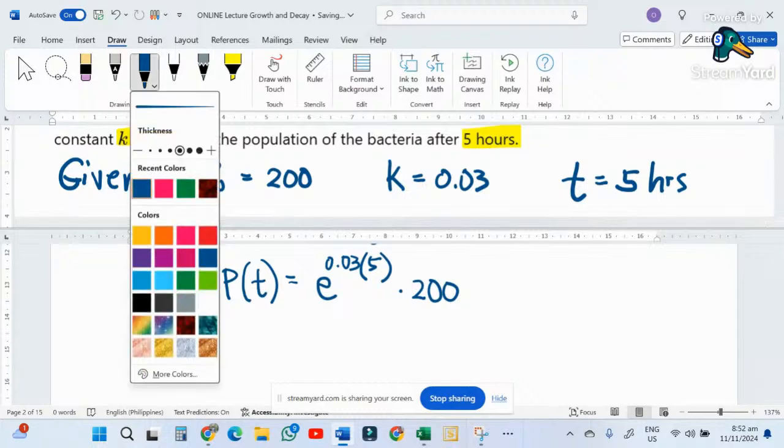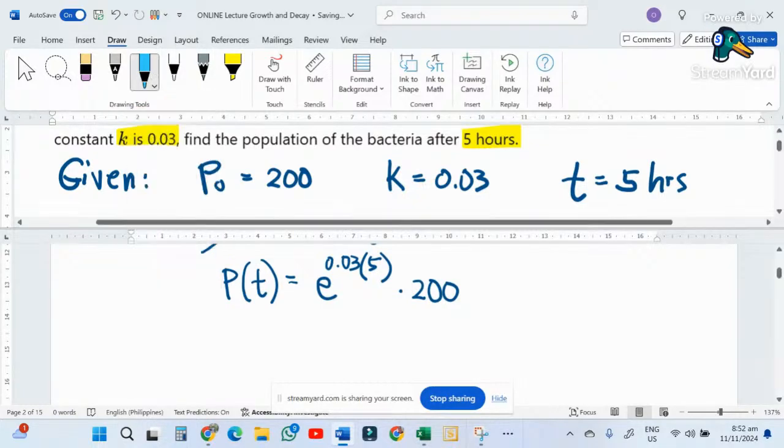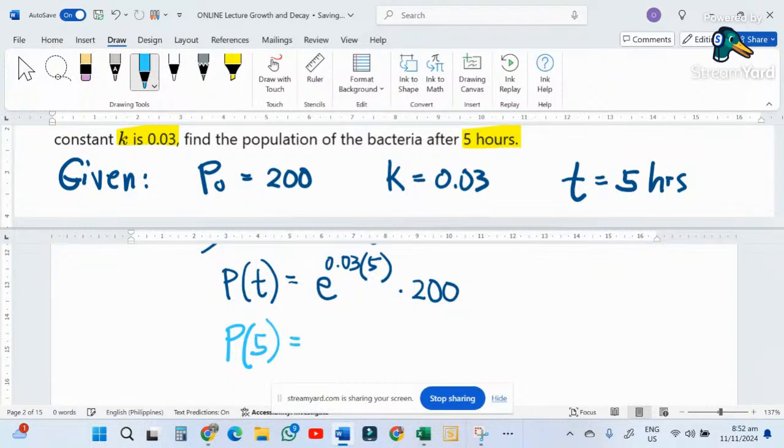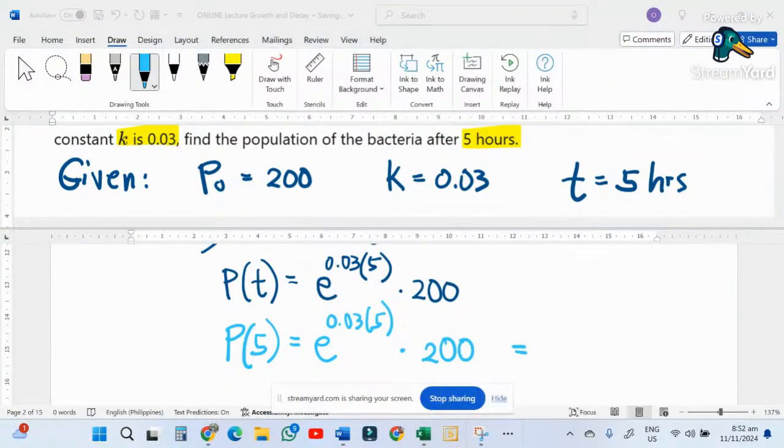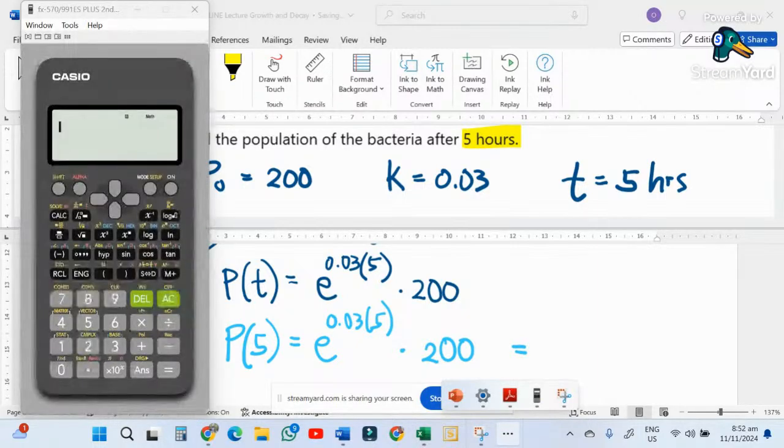Okay, so substituting this, let's put in a different color. P of 5, which is the one we are trying to solve, is e to the 0.03 times 5 times 200. Let's see what we get. You have to use your calculator. What we're going to put in will be the right side of the equation.